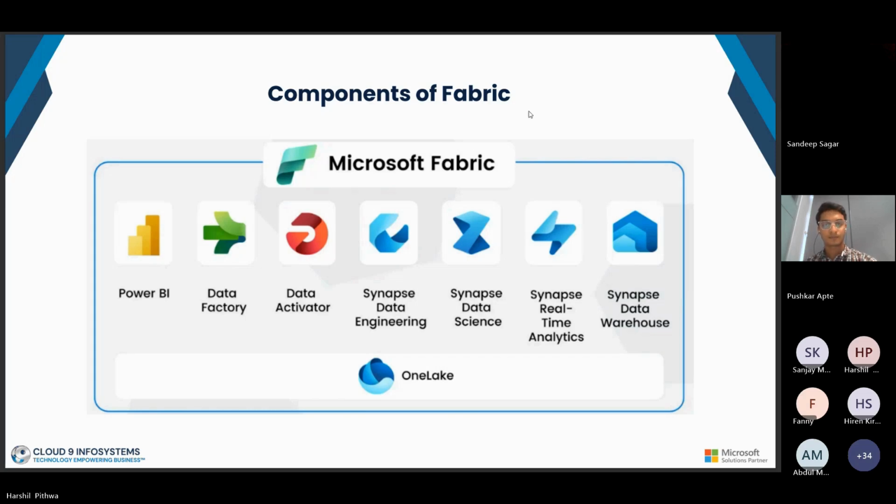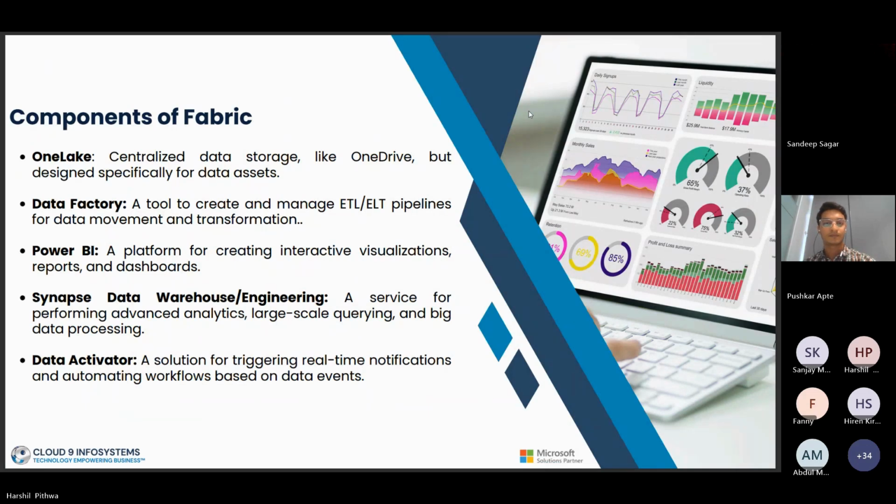So next slide. You may think of Fabric as a well-coordinated orchestra. Each instrument plays a role. Coming back to Data Factory, it is used for data ingestion and pipeline orchestration. Then Data Engineering, it is like Spark-powered notebooks and transformation. Data Warehouse, it is like enterprise-grade SQL analytics at scale.